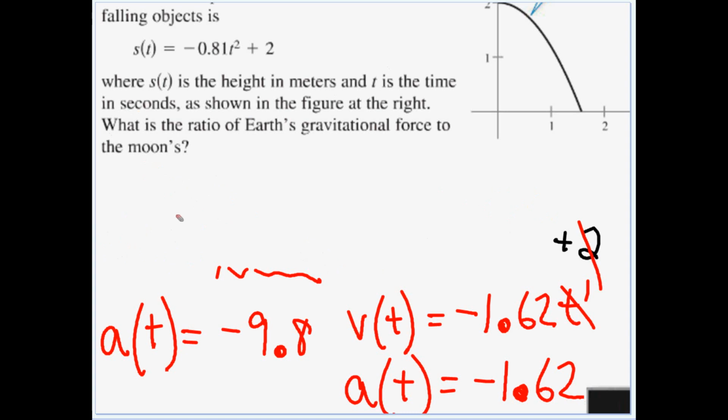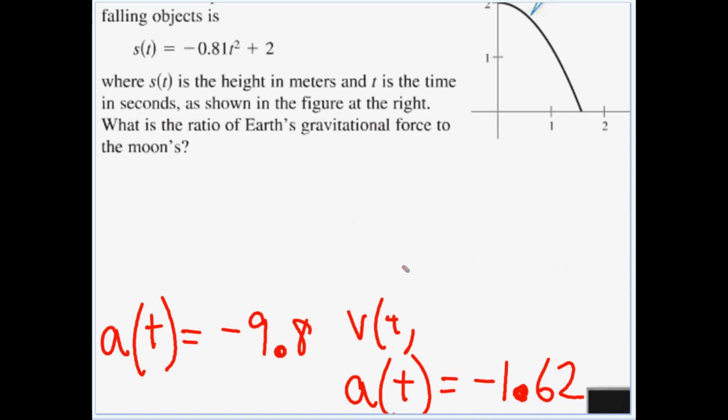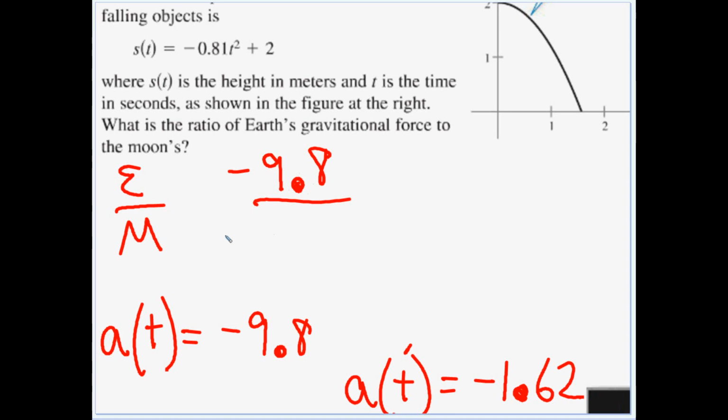Now I'm going to go back and read the last line of the setup to the problem. What is the ratio of Earth's force to the moon? So we can do Earth first and then moon, or we could do it as a fraction. Let's do it as a fraction. Earth will be the numerator, moon in the denominator. So Earth, we had our negative 9.8, our moon in the denominator, negative 1.62.